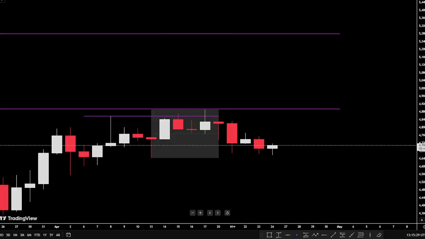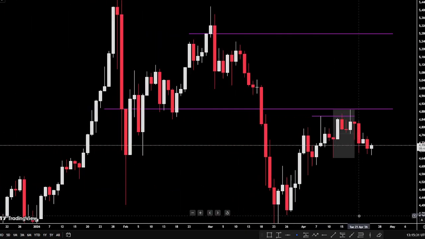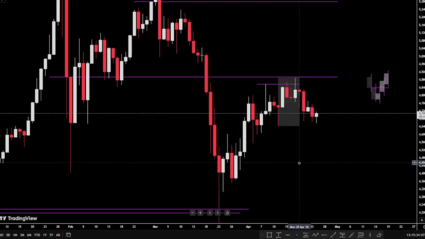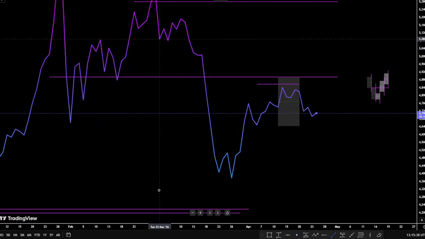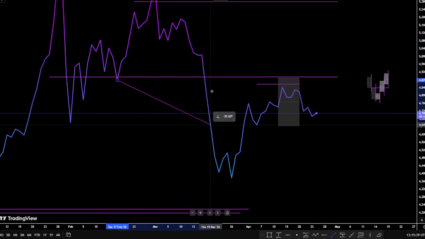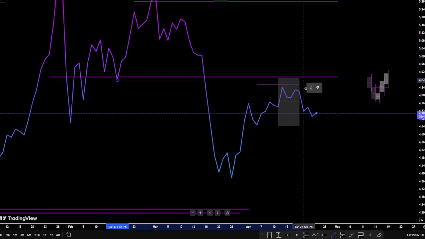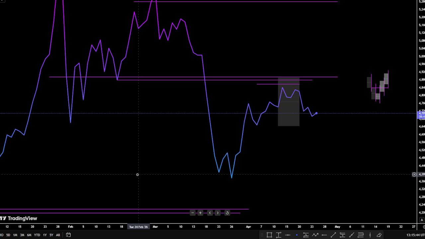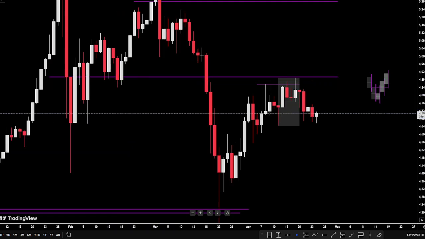So when you go to the daily, what do you see, right? You would notice that there is a daily key level just here, okay? So you would notice this new key level that I'm just marking now, right? And you would notice that it actually acted on the price on this daily candle.